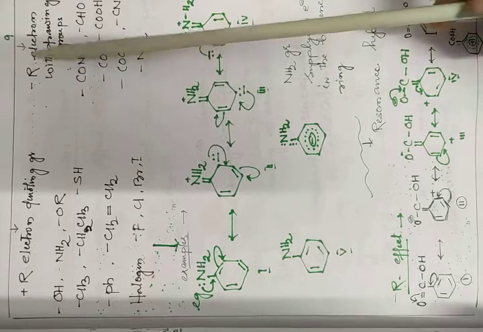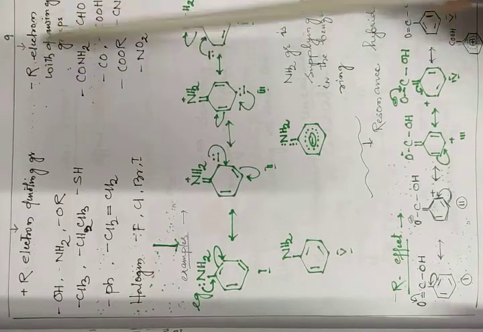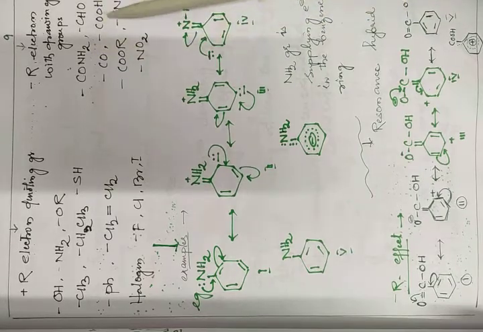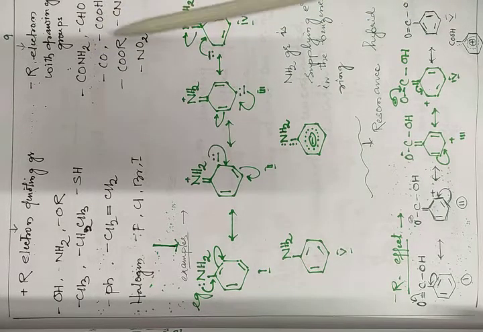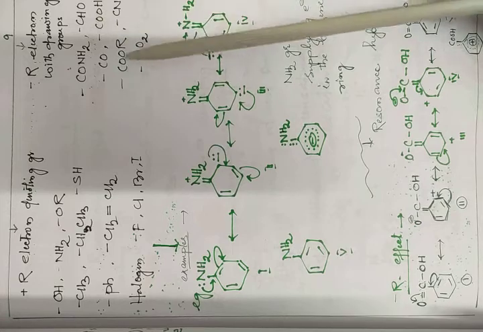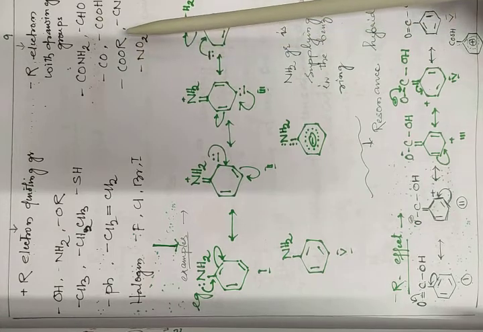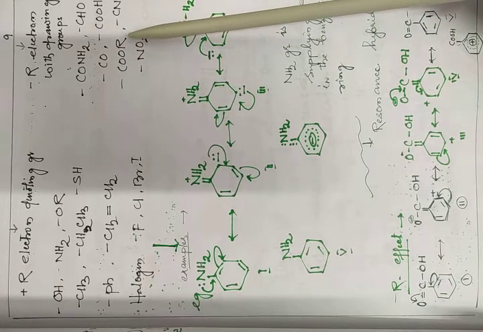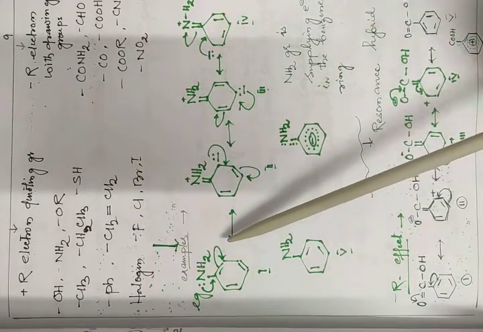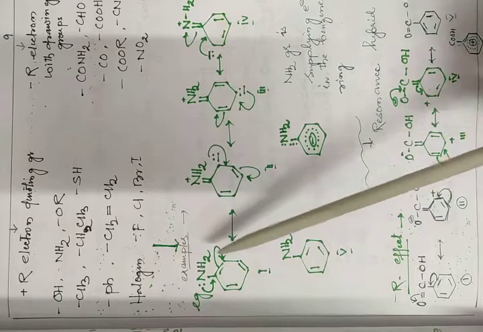Next, for the minus R effect: acid amide, aldehyde, ketone, carboxylic acid, ester, cyanide, and nitro. The nitro group is also a minus R electron withdrawing group.